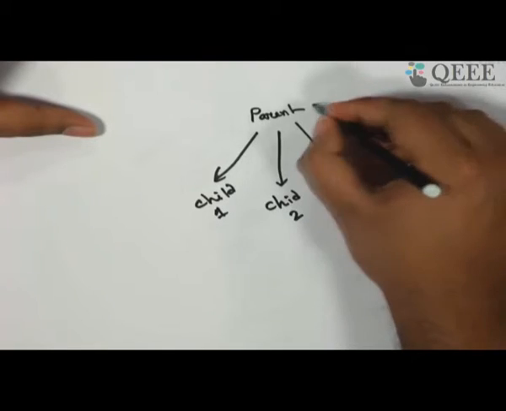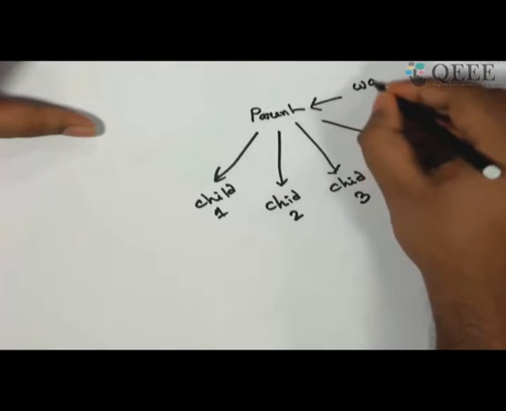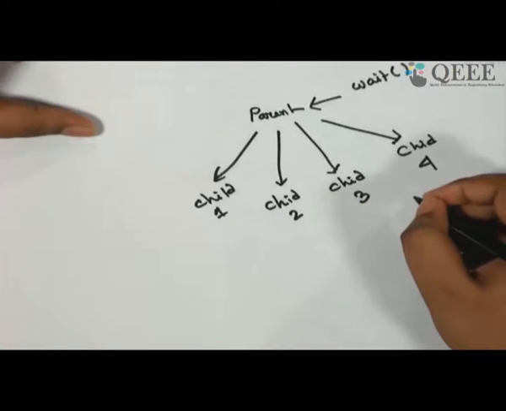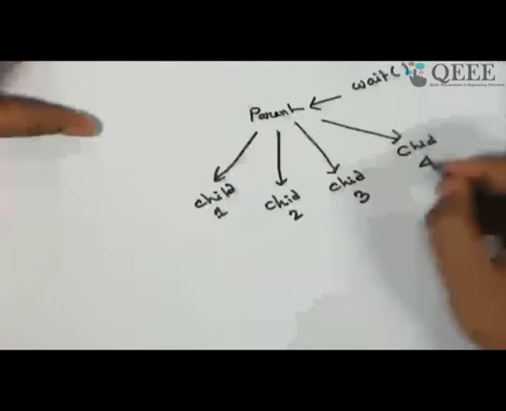that inside the parent process you have a wait system call. Whenever you have a wait system call inside the parent process, the parent is basically waiting for the child to complete. Then the parent will take back the resources which were there for the child, and continue its execution.